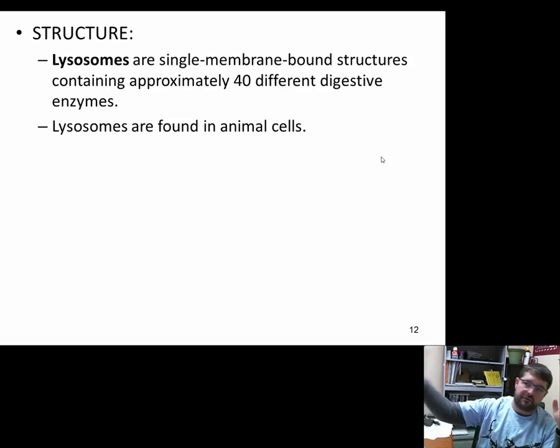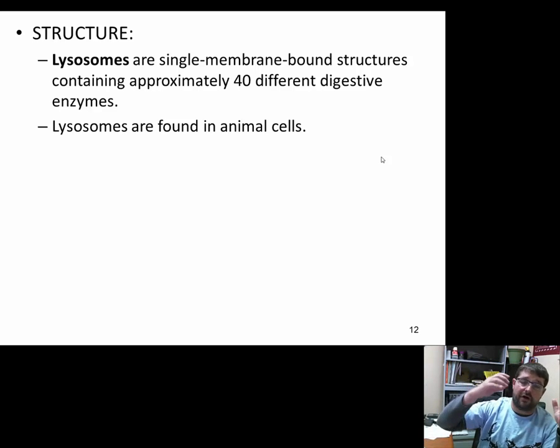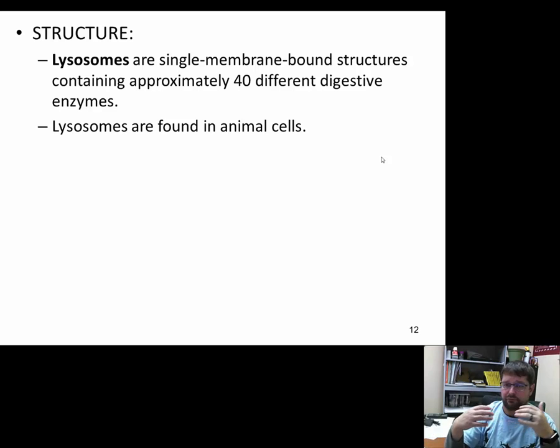If something gets captured inside the cell, lysosomes will attack it and dissolve it through the digestive enzymes they put into the foreign body. If the cell itself engulfs something through phagocytosis, the lysosomes will come in, digest it, and utilize the energy from whatever was consumed.